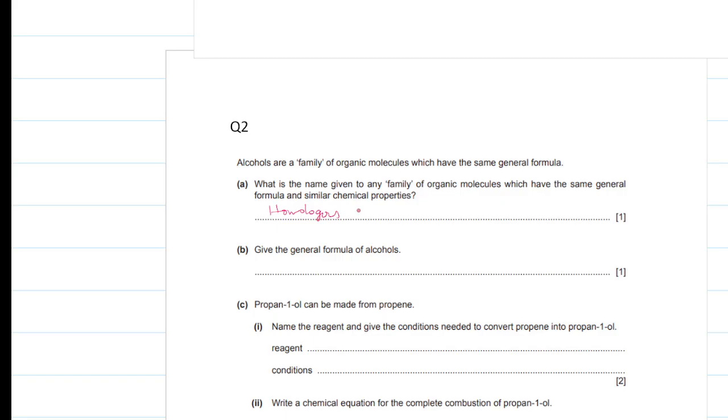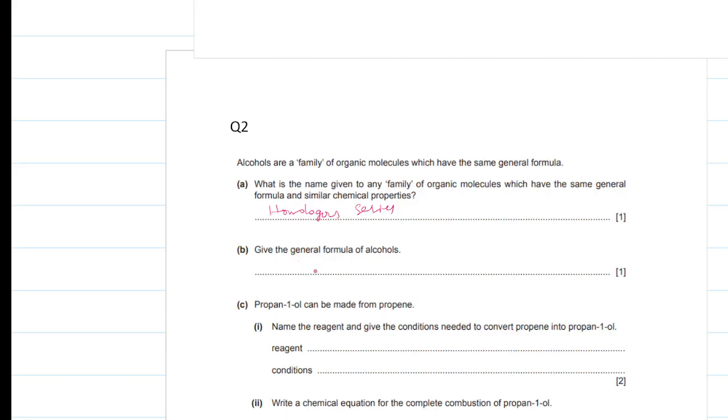So in the alcohol family, including methanol, propanol, butanol, these all have the same chemical properties and the same general formula, right? So that is called the homologous series because they belong to a single family. Any organic molecules that belong to the same family are called the homologous series.